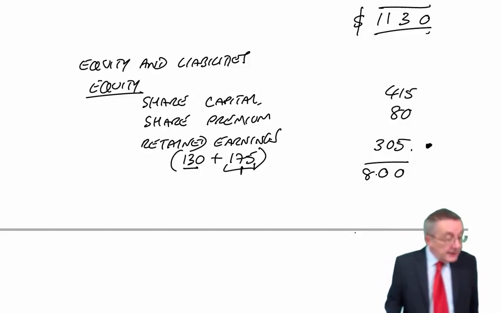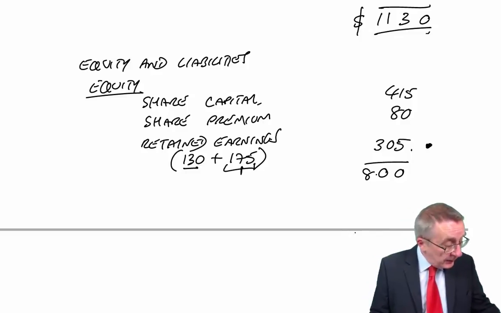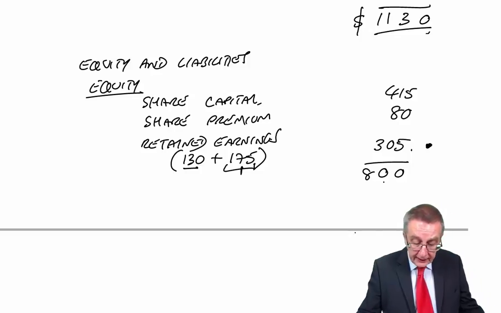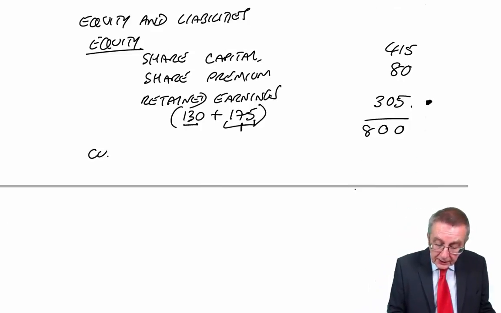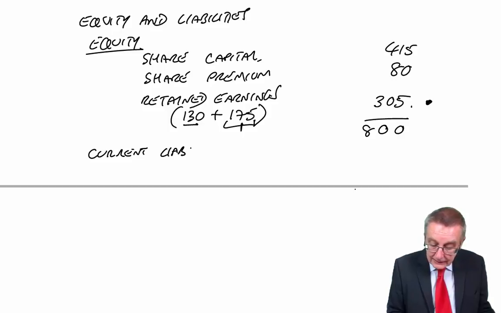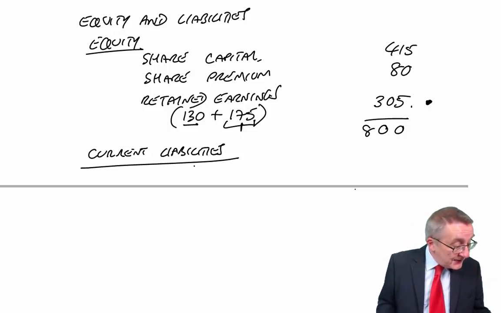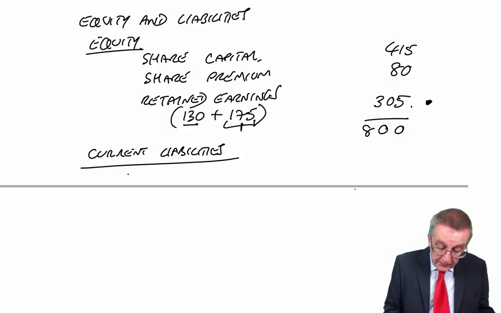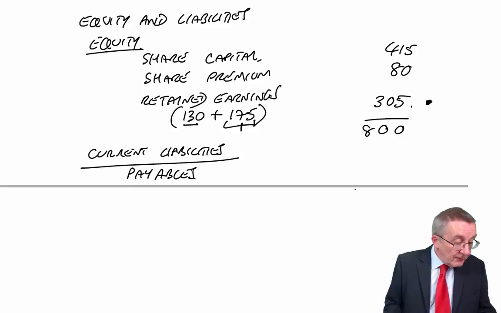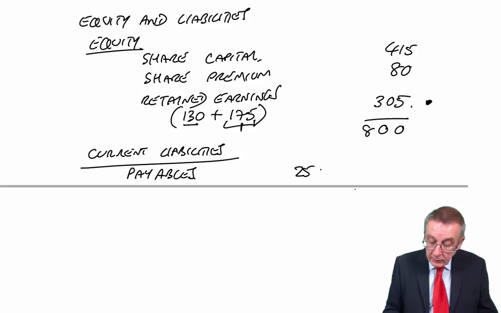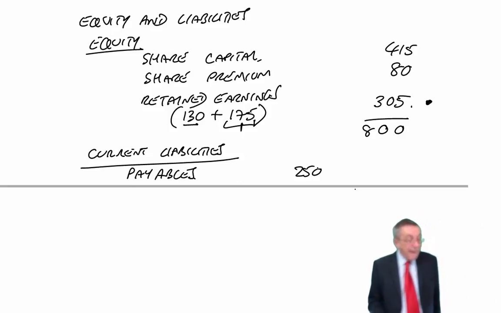What about liabilities? Let me check. I don't think there were any non-current. No, there were no loans or anything. So we've simply got current liabilities. And what have we got from the trial balance? We've got trade payables. Trade payables are 250. There was no mention of that changing.